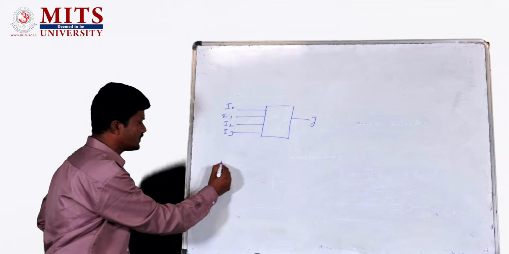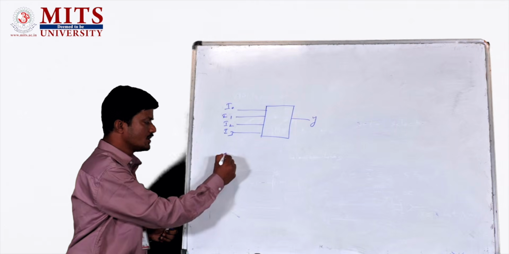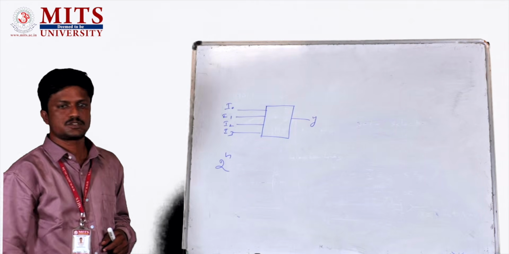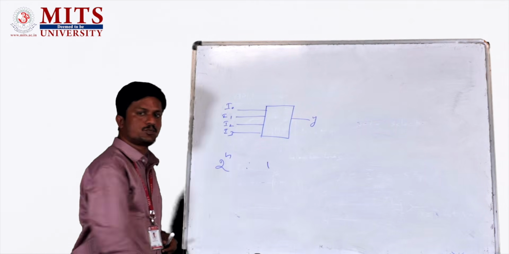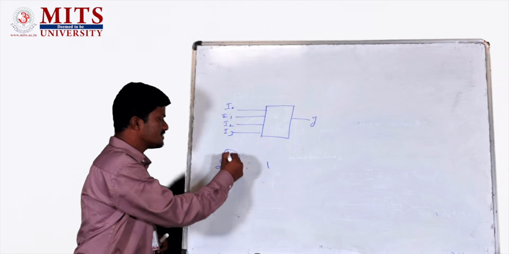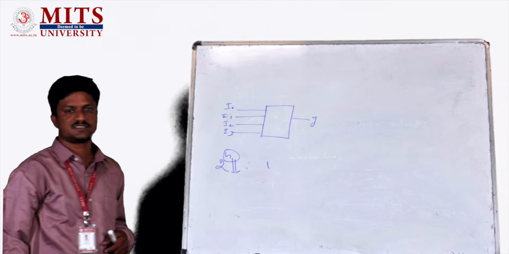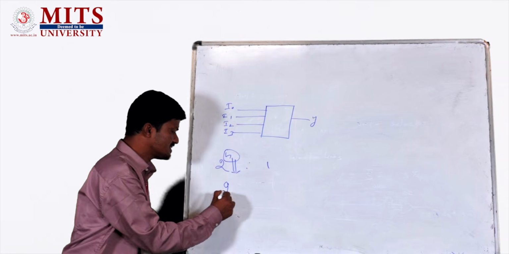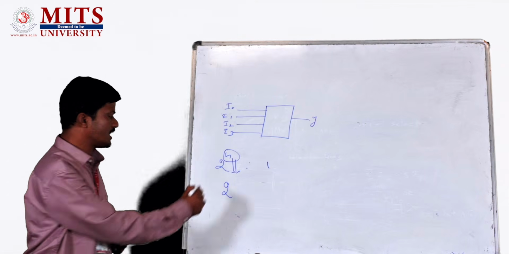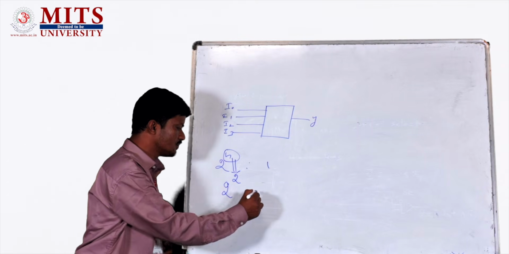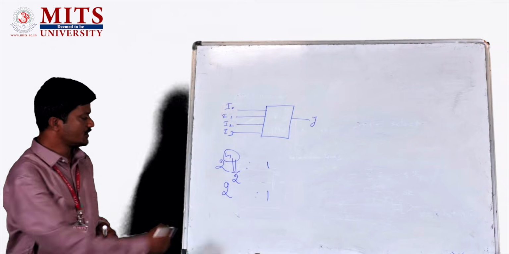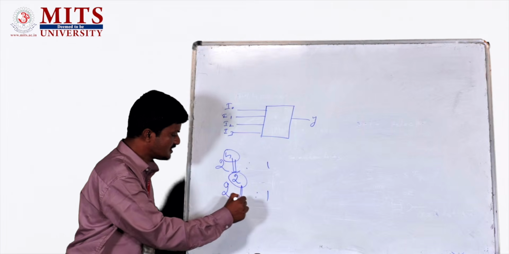The general definition of multiplexer is 2 power n inputs, one output, where n is the number of selection lines. Here the size is 4:1, so 2 power n is written as 2 power 2. So the number of selection lines is 2.